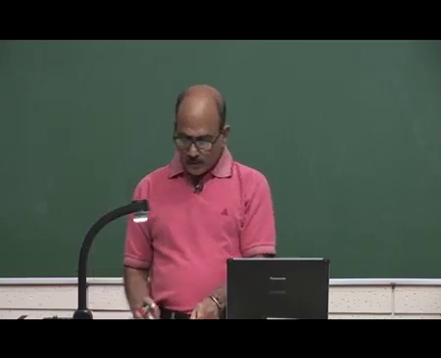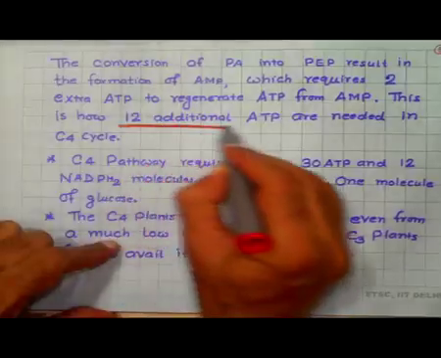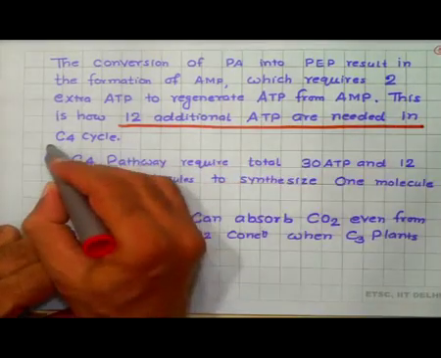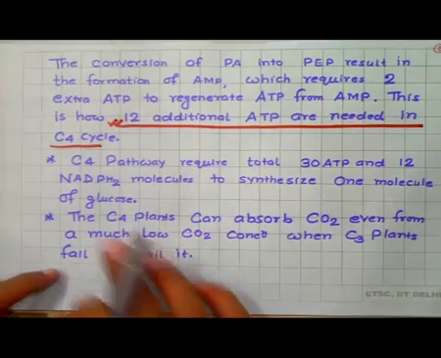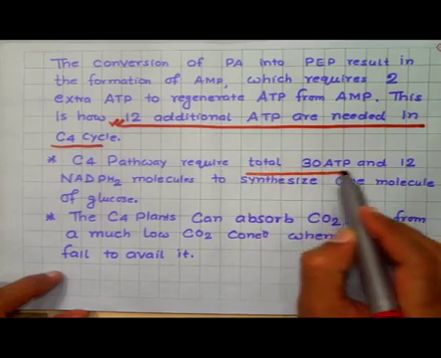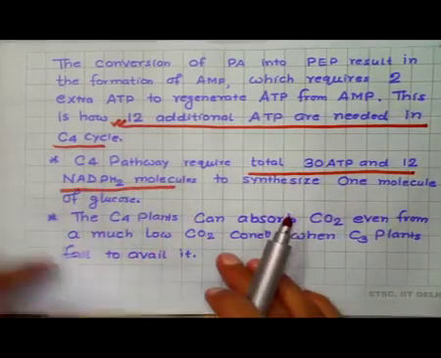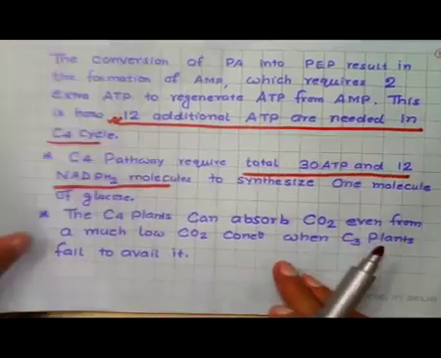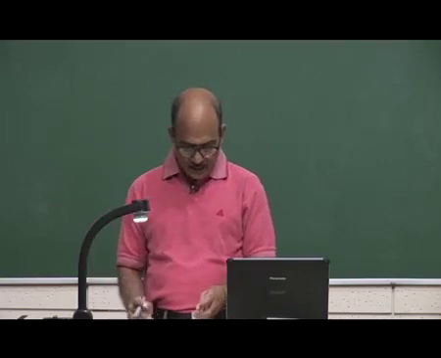Now, here 12 additional ATP are needed in the C4 cycle. It is very important from the examination point of view. Now, in C4 the total number of ATP is 30 and 12 NADPH2 molecules synthesize one molecule of glucose. Now, what are the differences between the C3 cycle and C4 cycle?